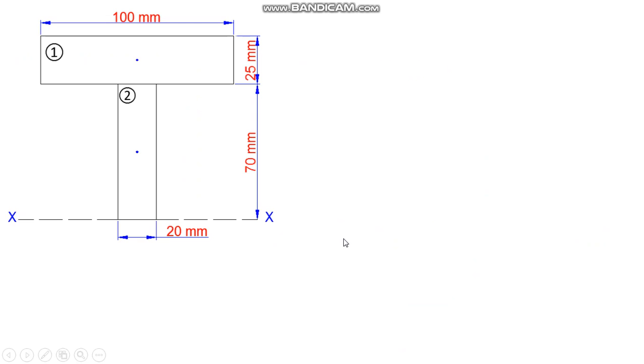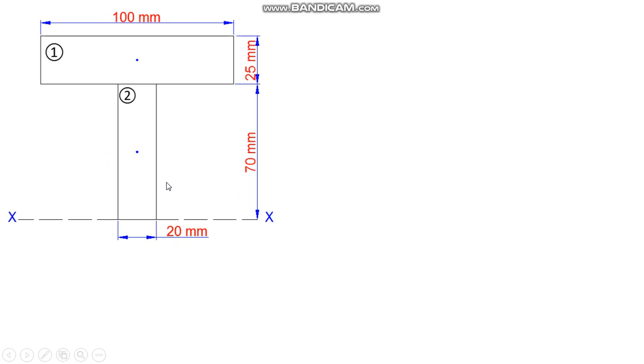To do this, first you have to draw the figure and divide the areas into rectangles, triangles, whatever is convenient. Here I have divided the first flange as 100 mm by 25 mm, the first rectangle, and the second rectangle I have taken as 70 mm by 20 mm.